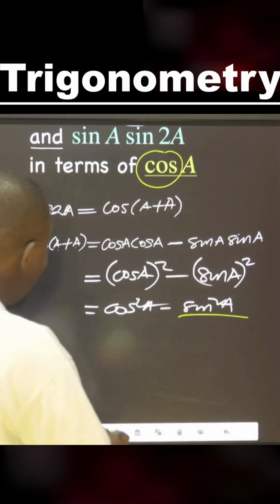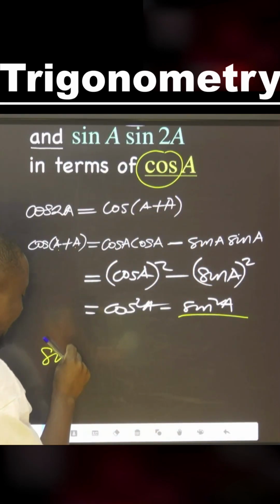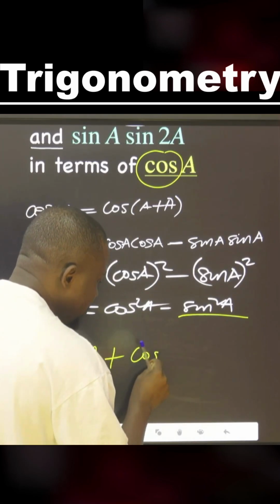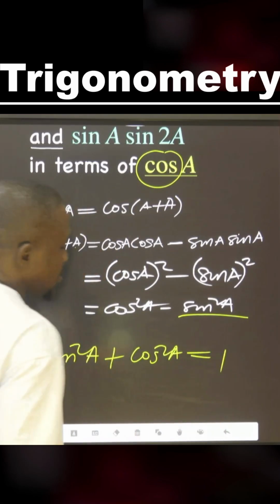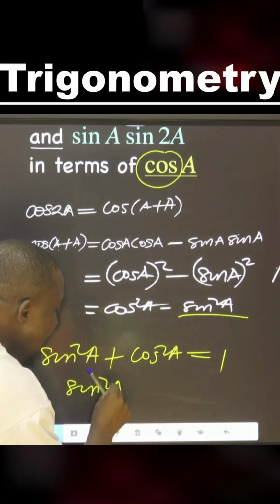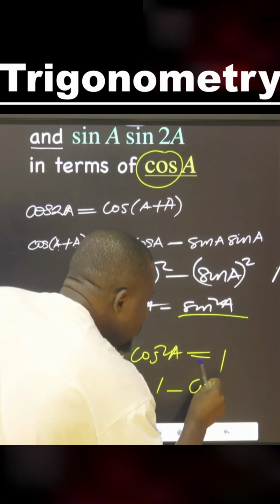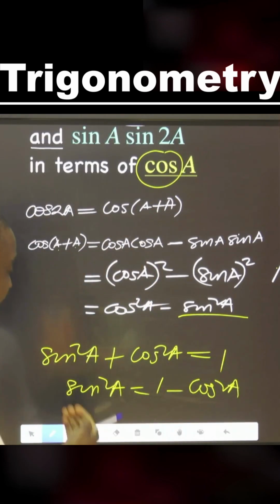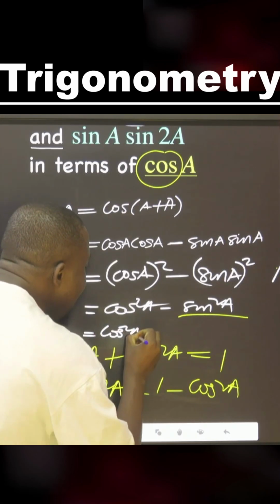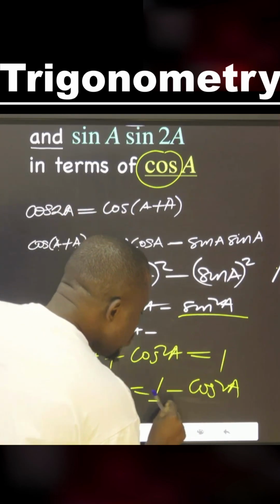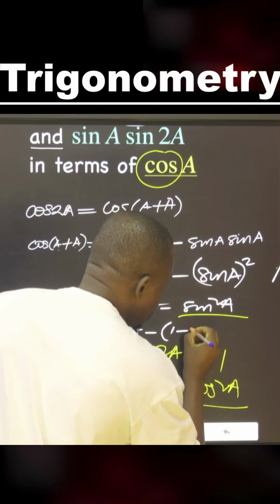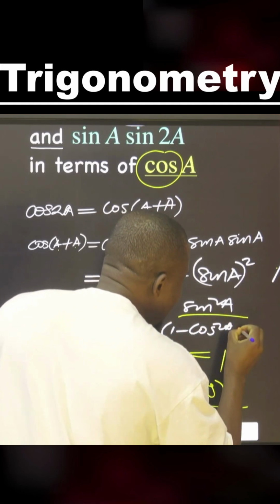Remember, there is a formula that says, you remember? So I can now say sine squared A is equal to 1 minus cos squared A. So I will come here now to say cos squared A minus, I will use this to replace this, that is 1 minus cos squared A.